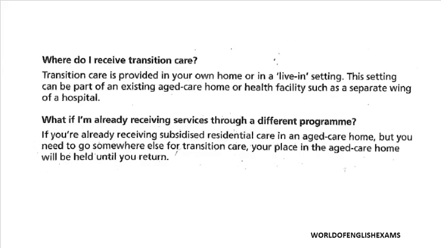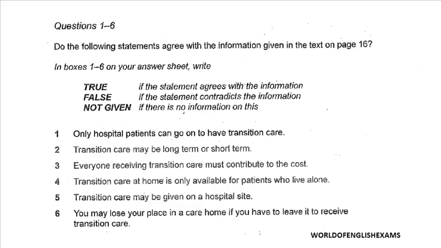Then where do I receive transition care, and what if I am already receiving services through a different program? So they're going to give you the complete information about transition care, where you can receive it, who is eligible for that, and what if you are already enrolled in a different program. So this passage helps us to get the answers for these true, false and not given.